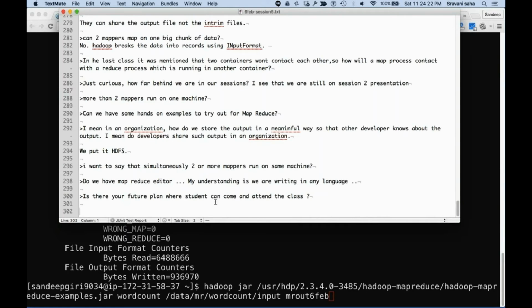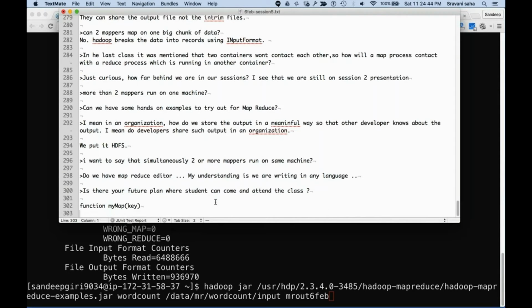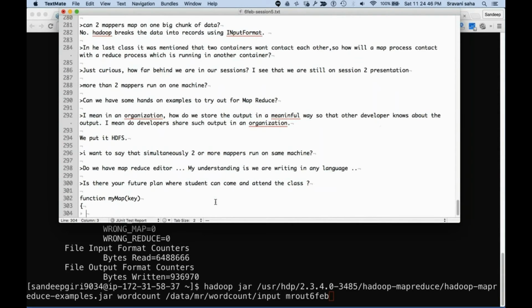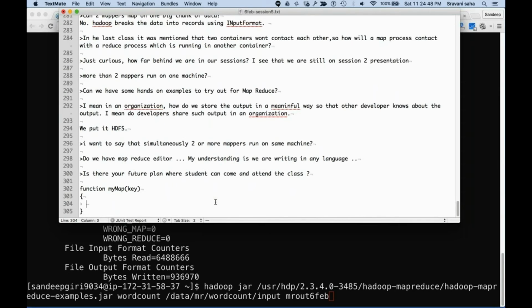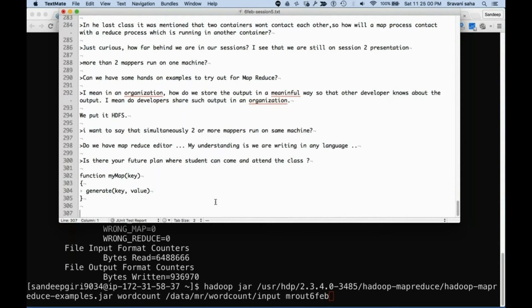Okay. Imagine that you are defining a function. Let's say you write a function, my function, or you can say my map function. You will get a key in the input, and inside it you will be writing your logic. You will be saying generate key comma 1 or key comma some value. So you will create the function called mymap.